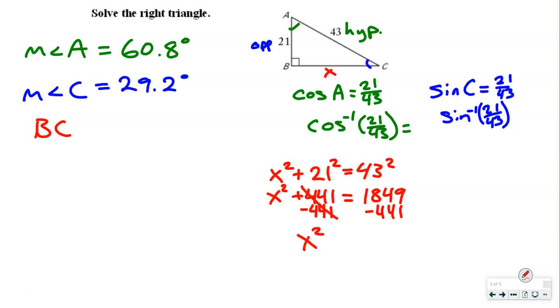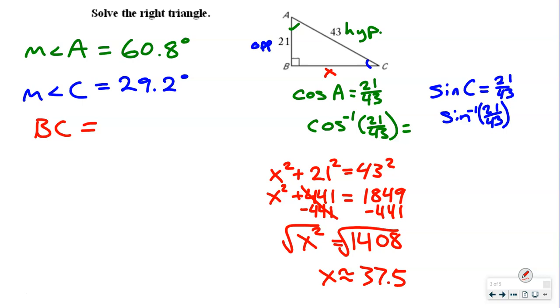And that gives me x squared is equal to 1,408. And if I do the square root of both sides, square root of 1,408, x will come out to approximately 37.5. So BC is approximately 37.5.